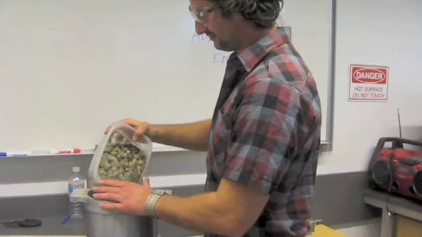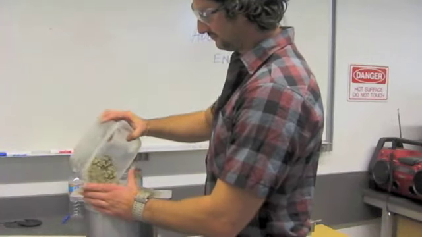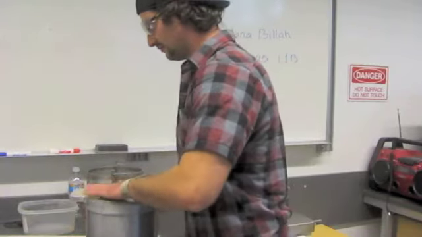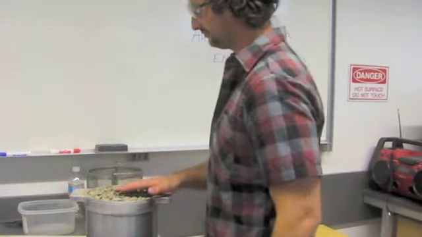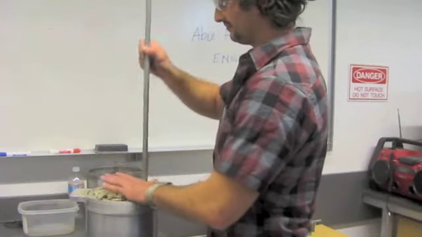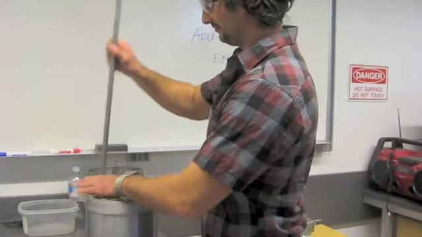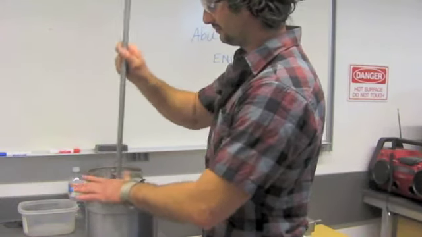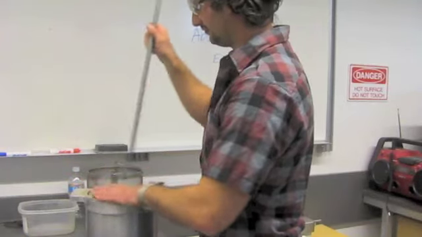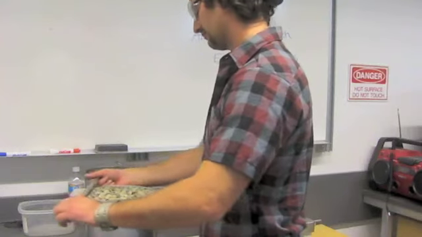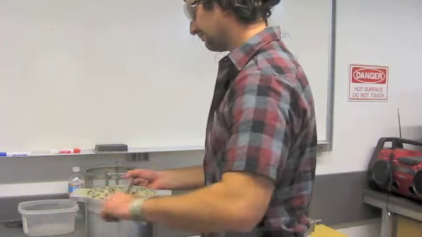Finally, add additional aggregate to overflowing and rod again with 25 strokes of the tamping rod. Once you have completed the 25 strokes on the last layer, you will want to evenly level the edge so it is flush with the top of the measure.